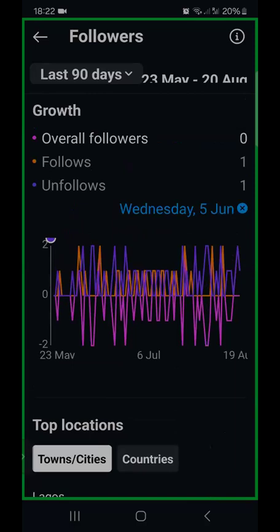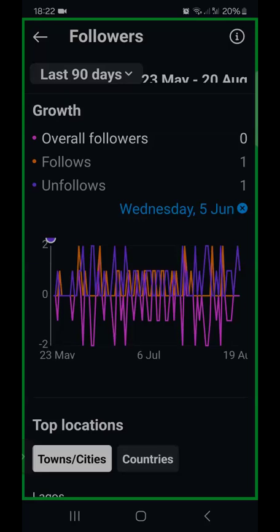So if maybe you're running a business account and you have 20 people unfollowed on a particular day, then you need to go and check if you posted something that day or a day before, and look at what you posted. It might be that what you posted did not resonate with a lot of people, and that's why you had unfollows.